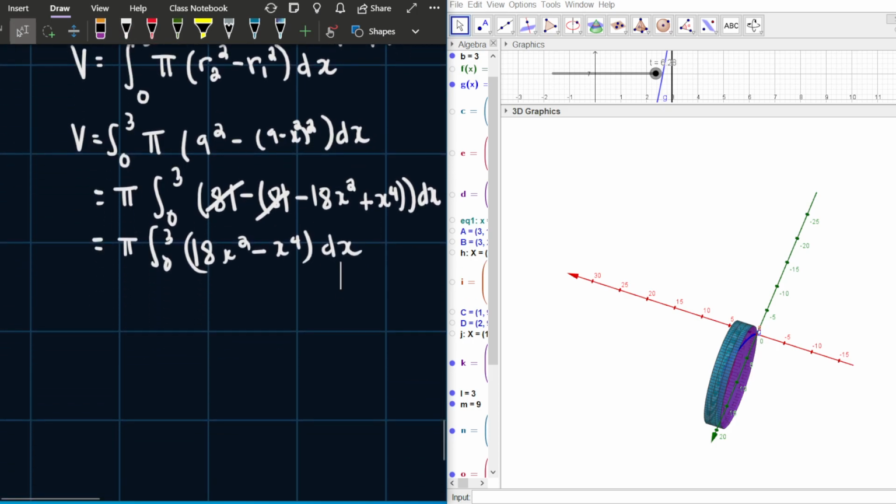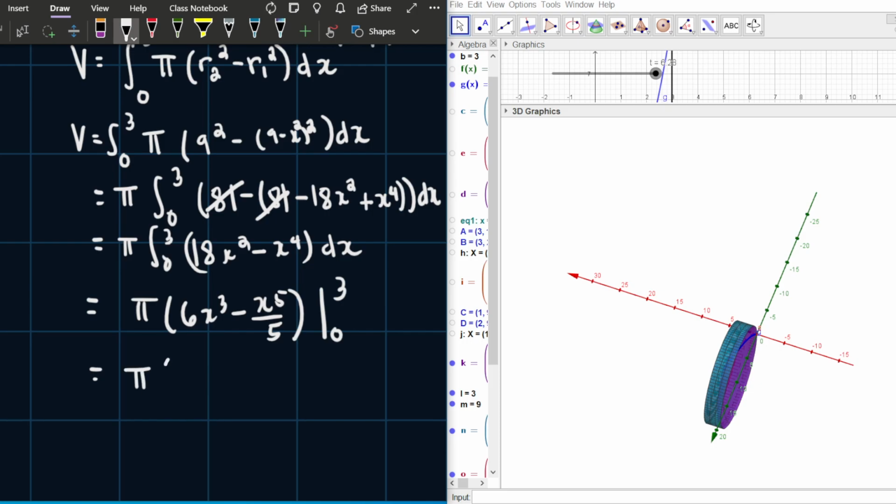Apply FTC2. So this one will give us pi times 6x cubed minus x to the 5th over 5. Evaluate from 0 to 3. Now, at x equals 0, magzi-0 lang tong part na to. So, we just have to evaluate it at x equals 3. So, at x equals 3, we have pi times 6 times 27 minus 3 to the fifth is 243 over 5.